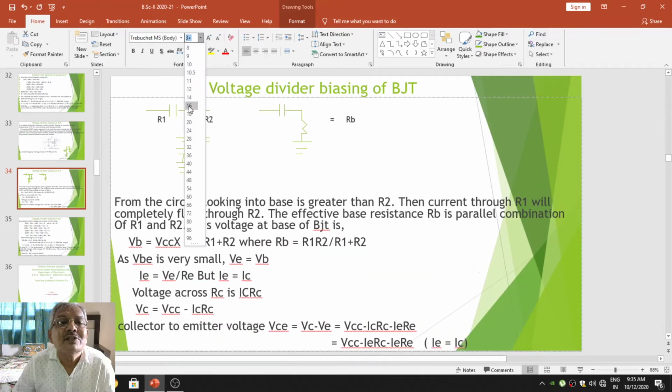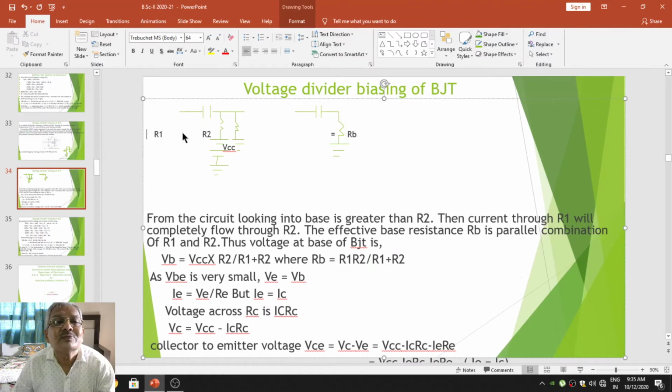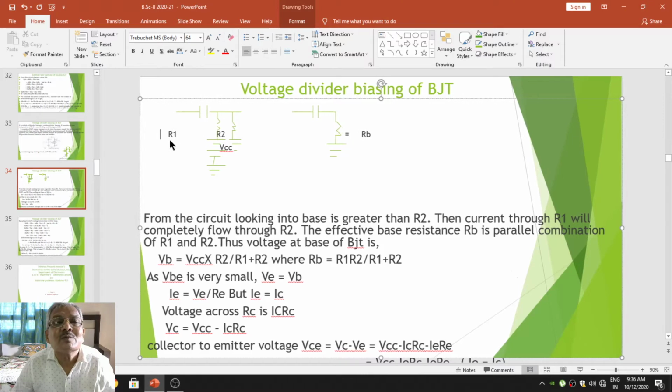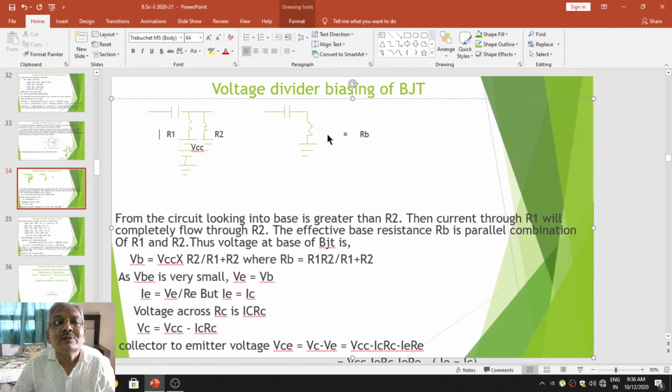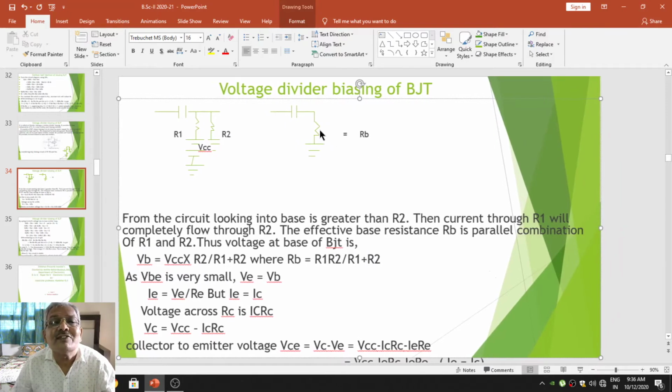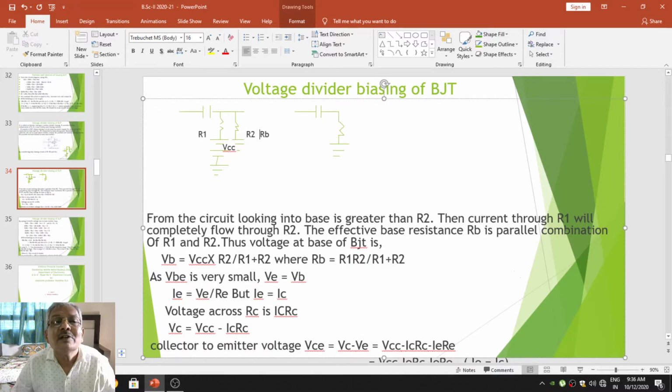Just let me improve it so that you can recognize it. Look at it. So this is merely for your understanding. So this is what the equivalent diagram becomes.